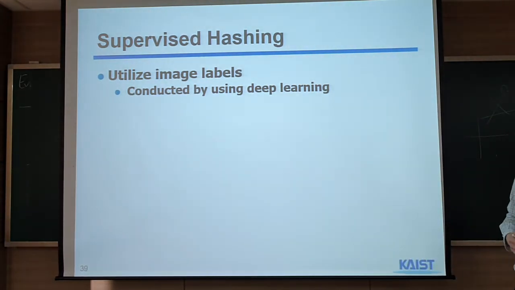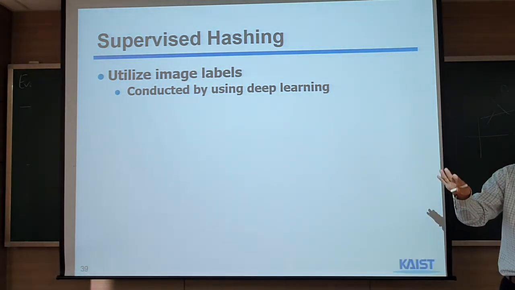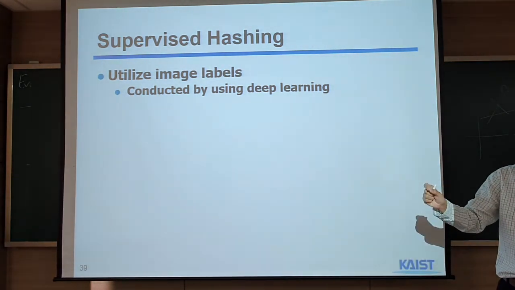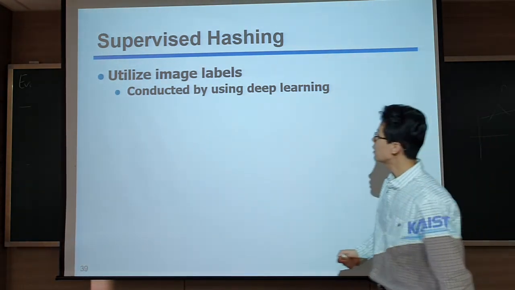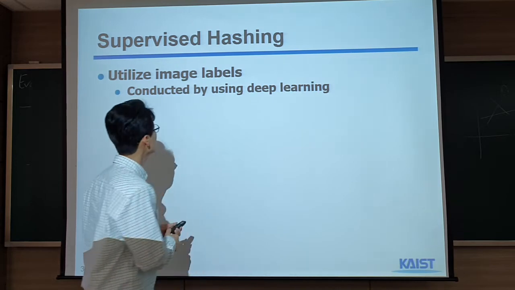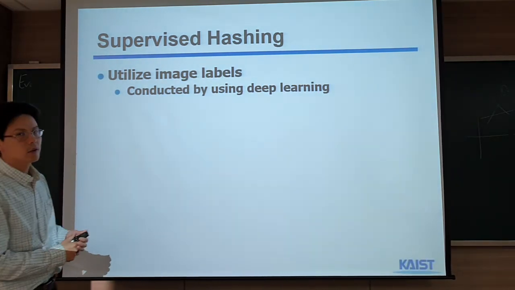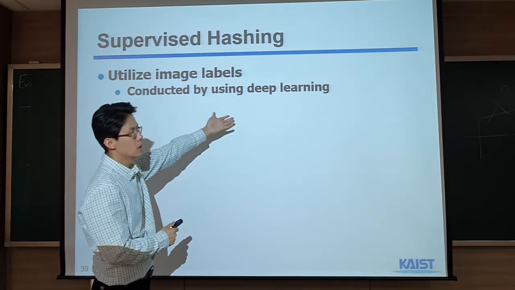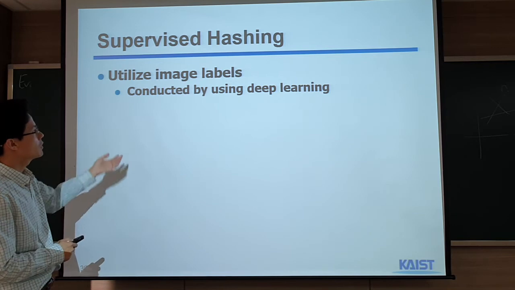In that case, images that have the same label should be treated as similar. For that case, we can talk about supervised hashing, and some of those techniques are also based on deep learning. So now I'd like to briefly touch on some supervised techniques with deep learning.